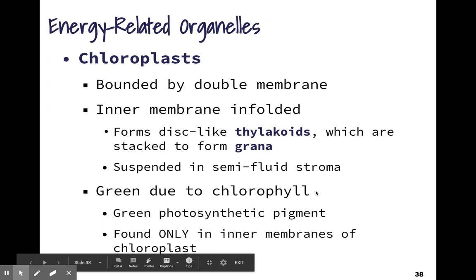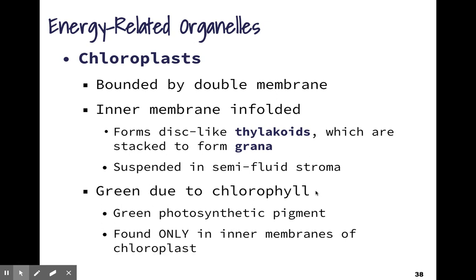Okay, our energy-related organelles. So let's go ahead and look at our energy-related organelles. First one we're going to start off with is the chloroplast. The chloroplast, notice here, is bounded by a double membrane. Double membrane meaning a phospholipid bilayer, okay? You have to know the structure of this chloroplast, okay?